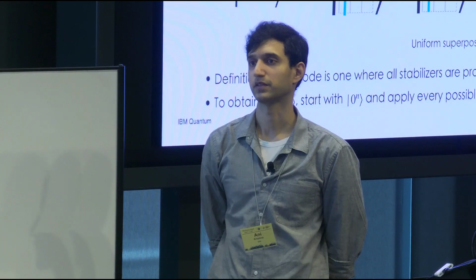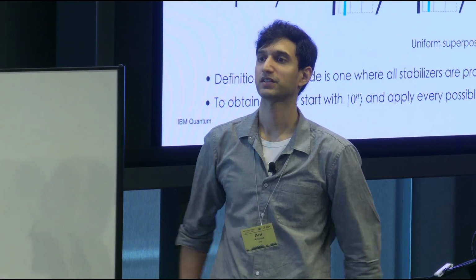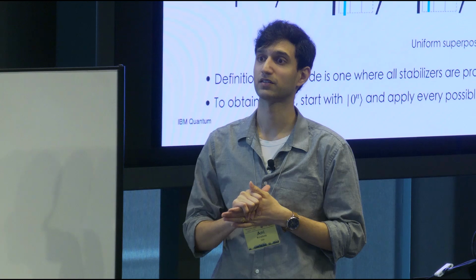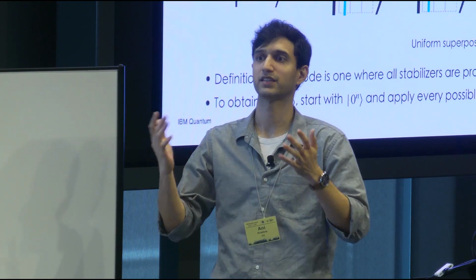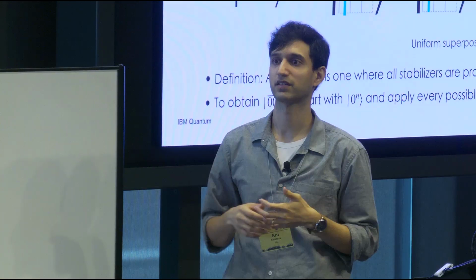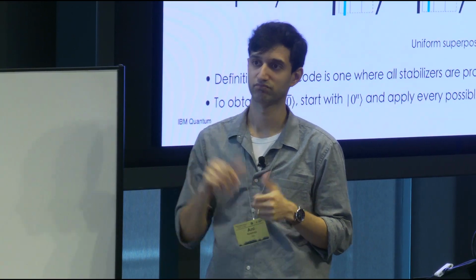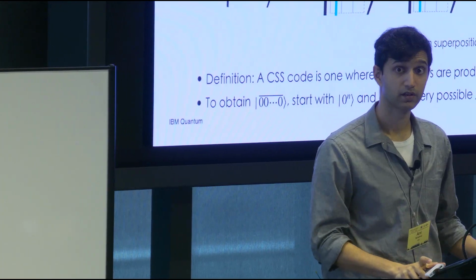That's right. That's basically what's happening. It's essentially binary arithmetic, because you're only dealing with Z-type stuff and other advantages of CSS codes, so it's a binary process. It's only Z, and Z squared is identity, so it boils down to 0, 1. Great. Thank you.